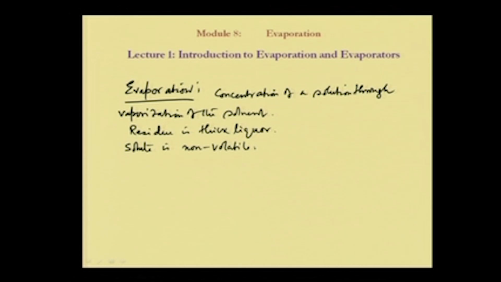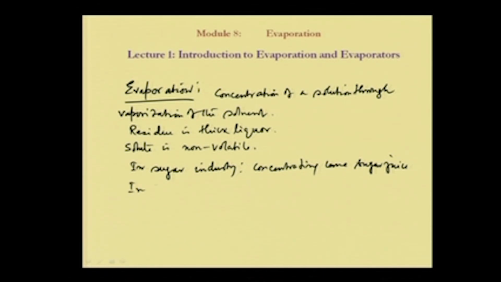Now, typical examples of evaporation: in the sugar industry, concentrating cane sugar juice; in the food industry, many types of fruit juices are also important.